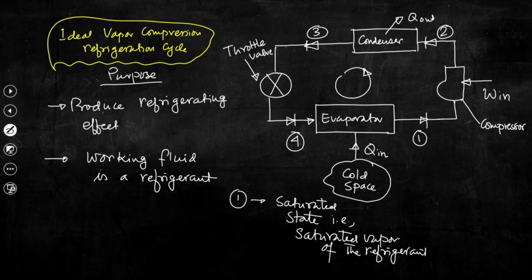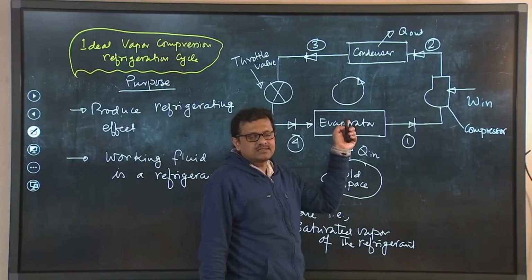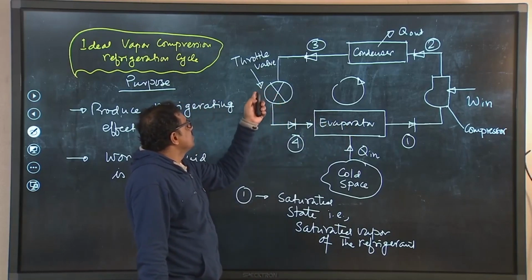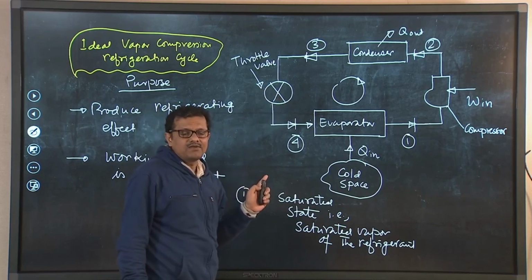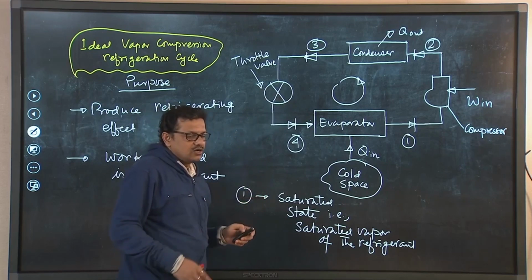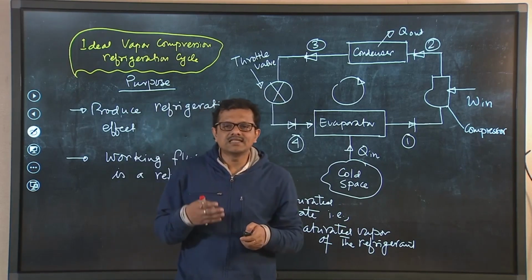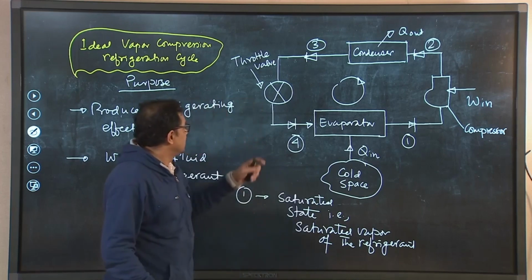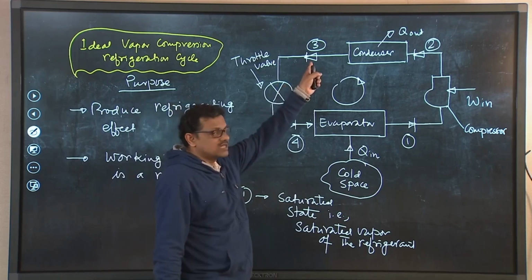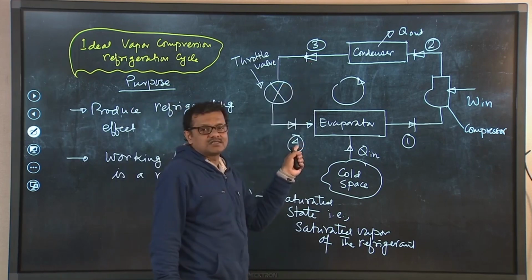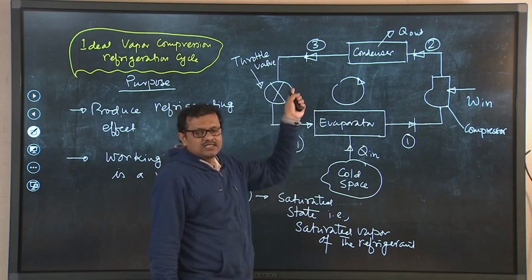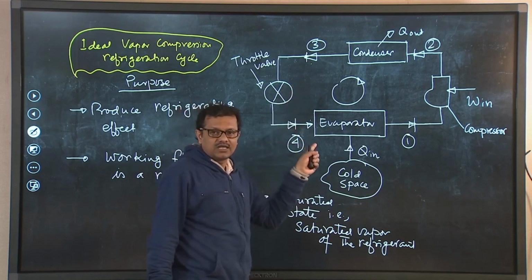So, these two processes are constant pressure processes, while for the process in this throttle valve, we cannot say that the enthalpy is remaining constant all throughout the process, but the enthalpy at state point 3 is equal to the enthalpy at state point 4. So, the enthalpy before throttling is equal to the enthalpy after throttling.